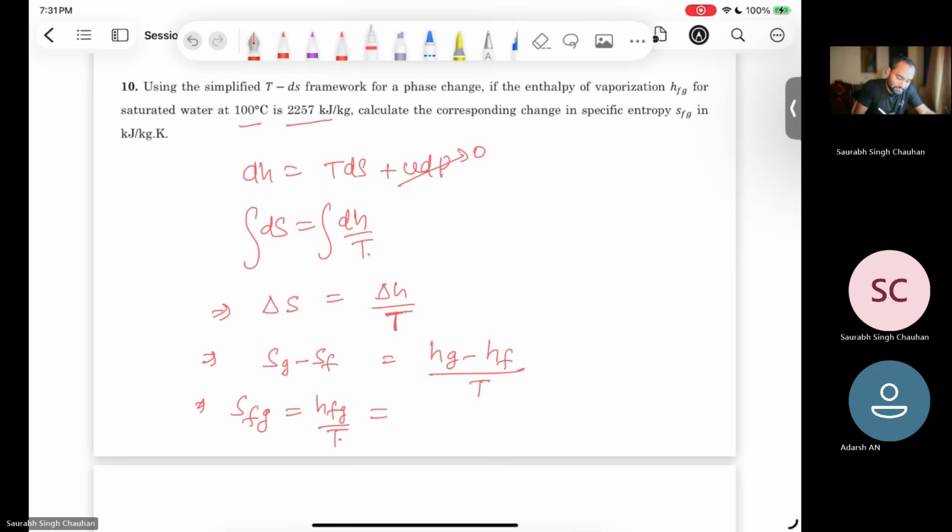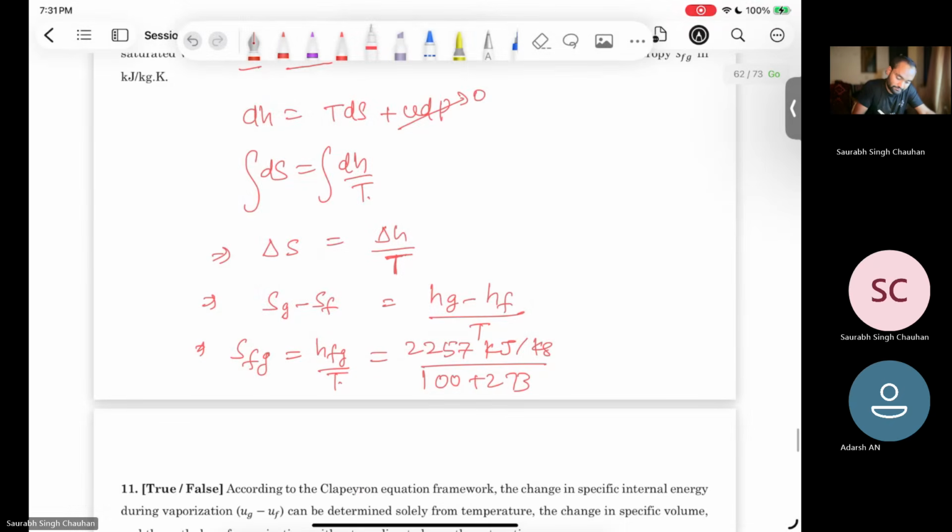So hfg is given as 2257 kilojoule per kg, and temperature is 100 degrees Celsius. You need to convert this to Kelvin. So you'll get something. You can calculate that.